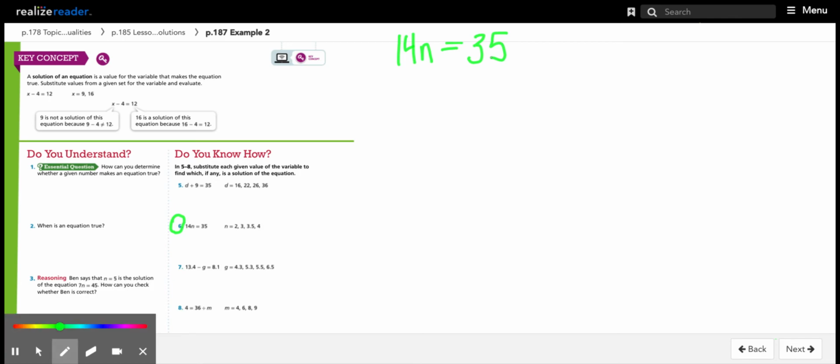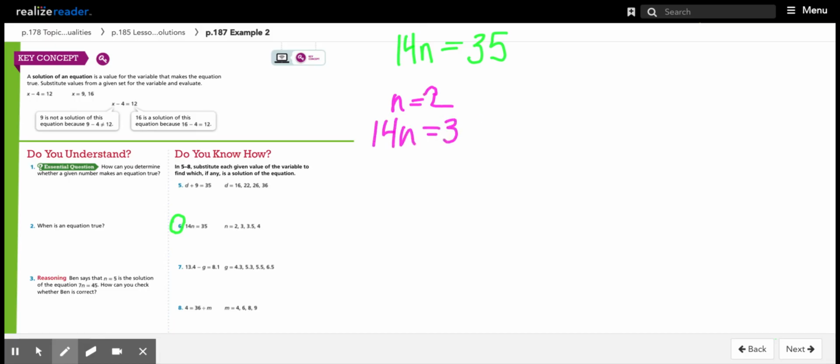Okay, so 14n is equal to 35. First, they tell us that n equals 2. So we have to plug in n equals 2. What does it mean when I have a coefficient and a variable right next to each other?